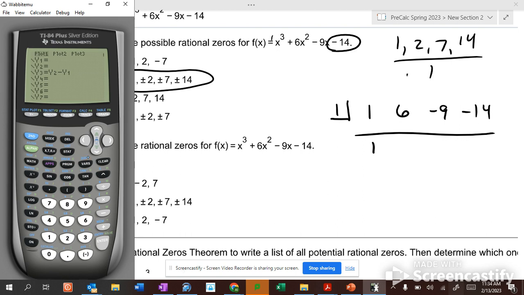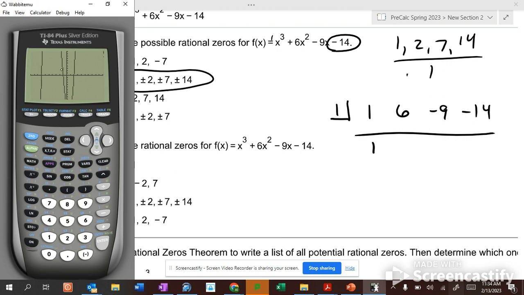Okay, so it's x cubed plus 6x squared minus 9x minus 14. If we graph that, let's go zoom 6 so we get back to our 10 by 10 window.